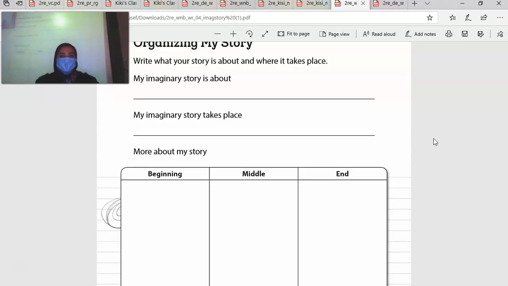Okay, anyway. If I were to write an imaginative story, this is for the people that still are lost and don't have an idea what they're going to do. If you want to still write, my imaginative story would be in the ocean. Because remember, this is an imagination. Can you really live in the ocean? No, but can you in your imagination? Yes, and guess what? I'm going to imagine whatever I want to imagine.